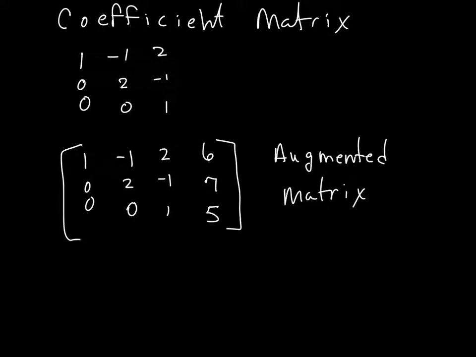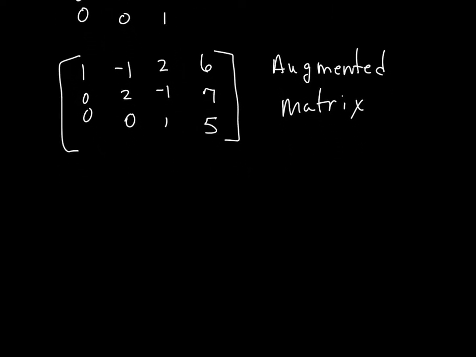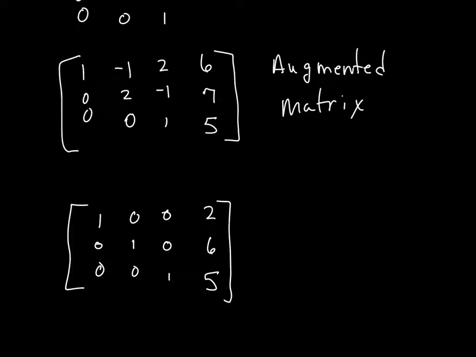Now, the entire goal of using the augmented matrix is to get down to a point where you can look at the augmented matrix and see the solutions of the variables. So this would be my x column, so this matrix gives me x is equal to 2.